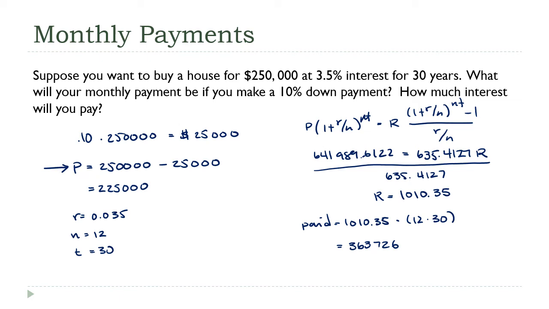Well, take how much you paid, subtract out, and be careful here, subtract out how much you borrowed, not how much the house cost. We only borrowed $225,000. So if you do that calculation, you should come out to $138,726.20.